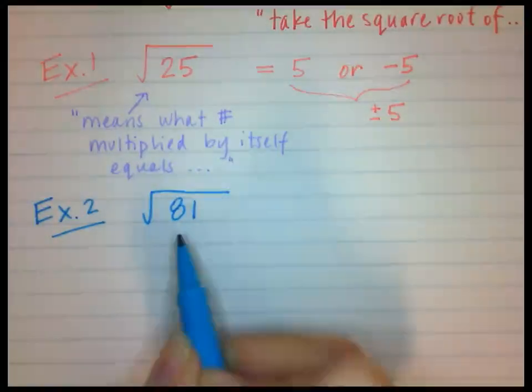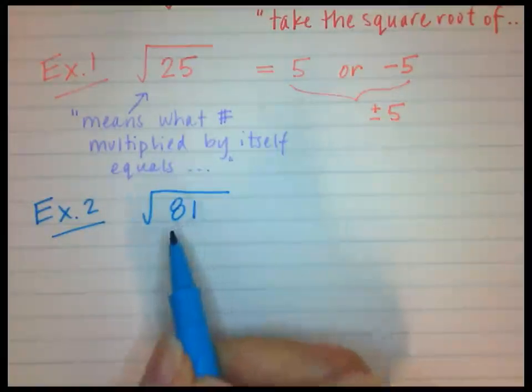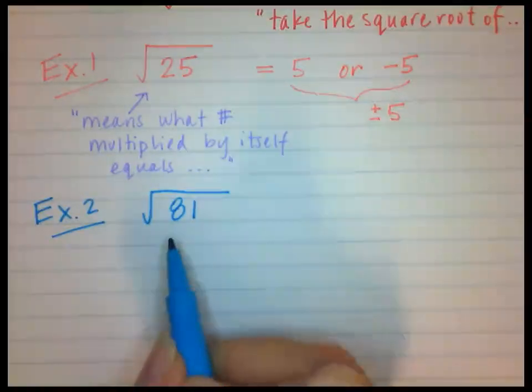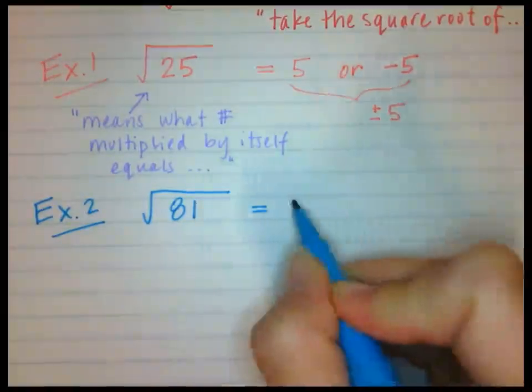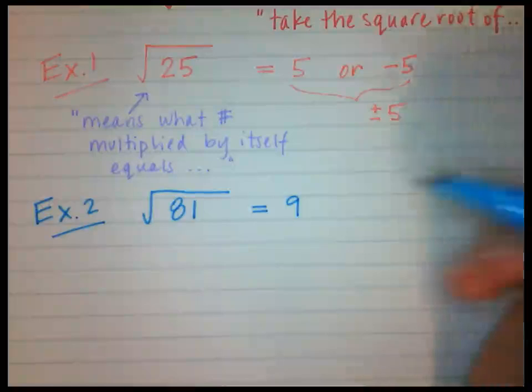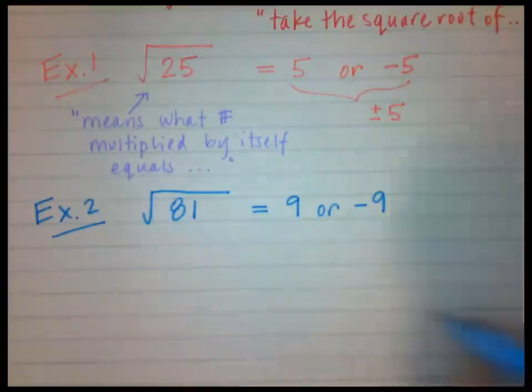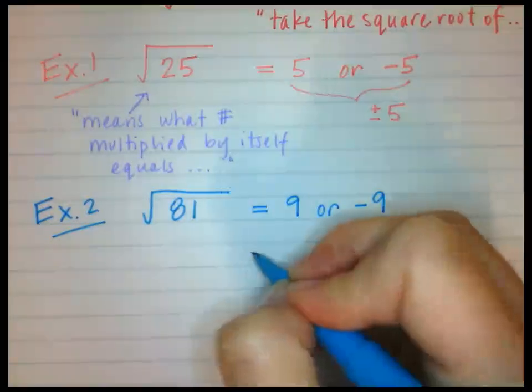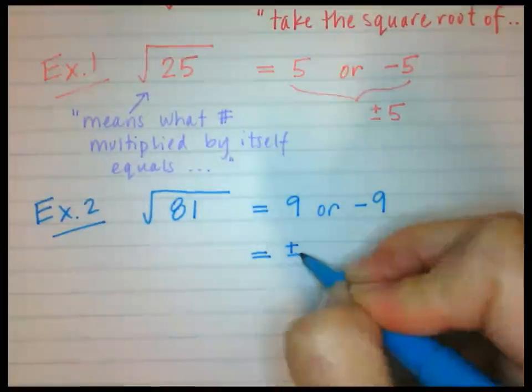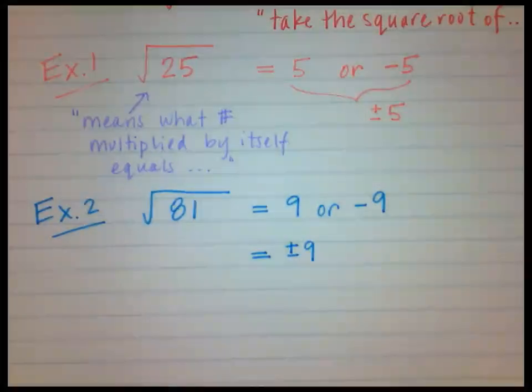That means what number multiplied by itself equals 81. We know that that is 9, but it could also be negative 9. So you can write it like that, or you can write your answer like that.